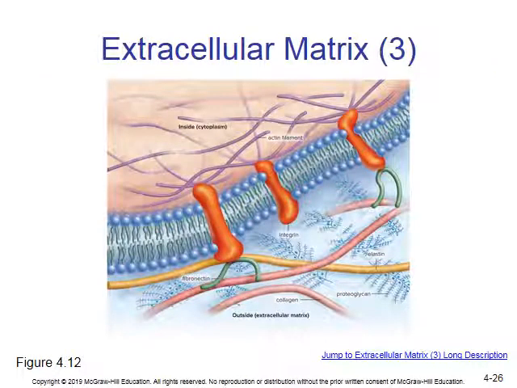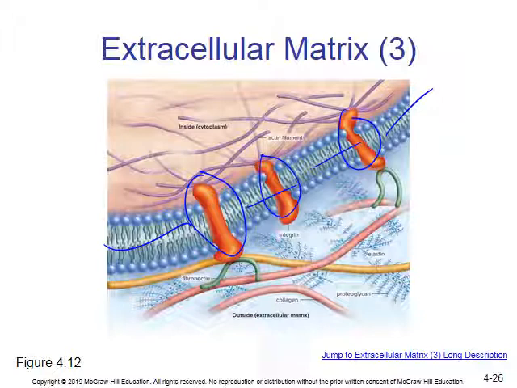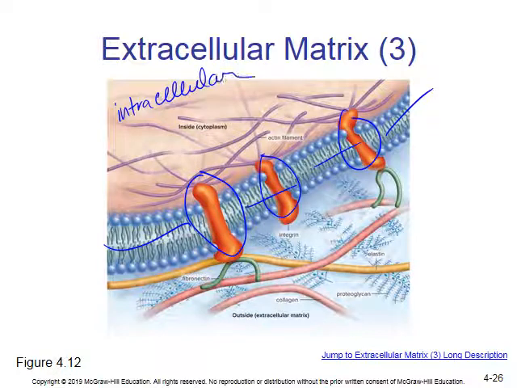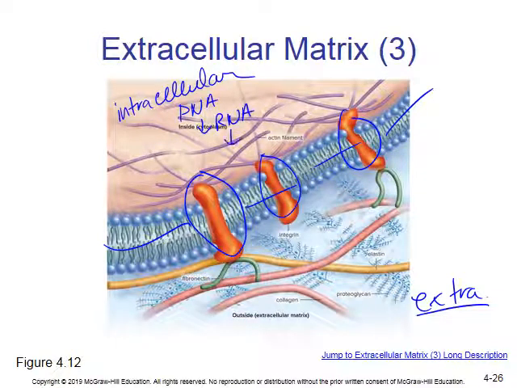One of the last few things I want to mention here are proteins, right? They're anchored inside the plasma membrane. And if we're inside the cell, so this is intracellular, and this is the extracellular. So remember, our DNA copies itself to RNA, which is then going to make a protein. And then that protein can be shipped outside the cell.